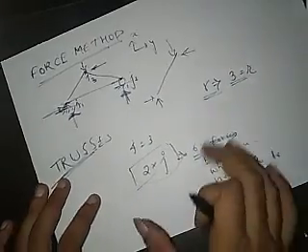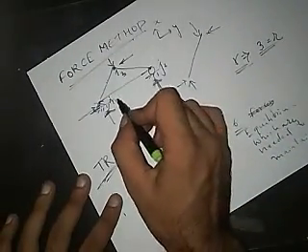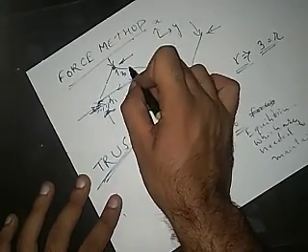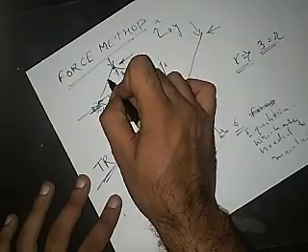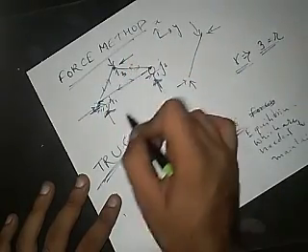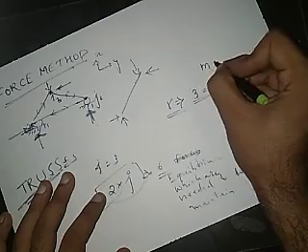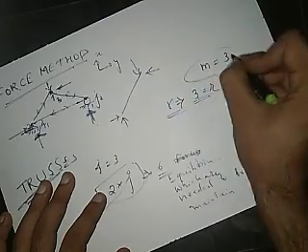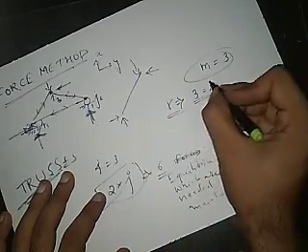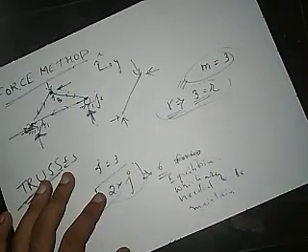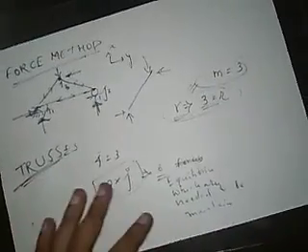Along with them, I want to know how much force is being transferred through each and every member. This is M1, M2, and M3. How many members are there? 3 members. These 2 things need to be answered before applying further analysis.